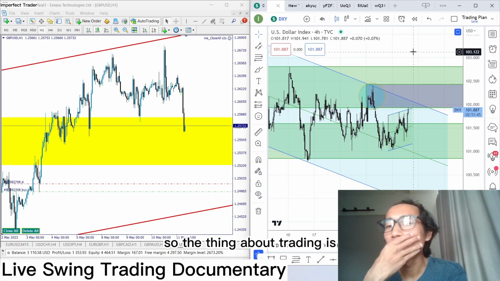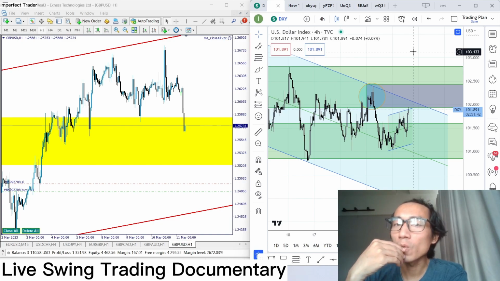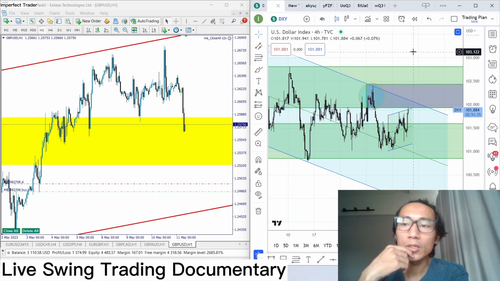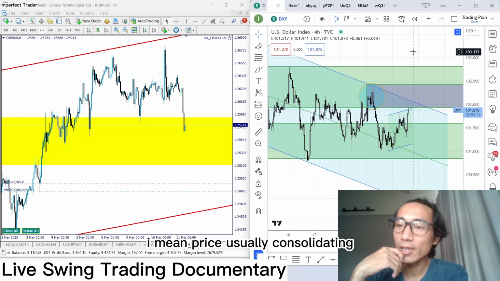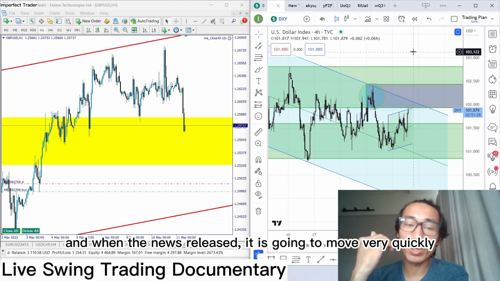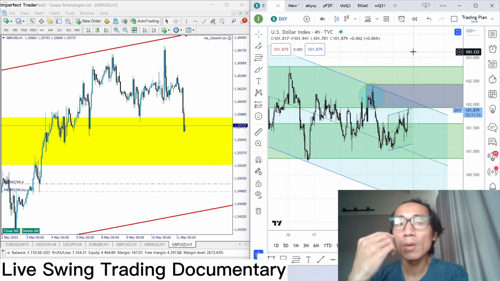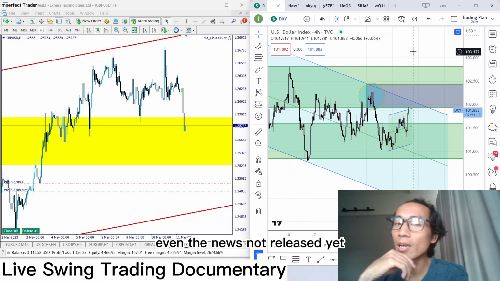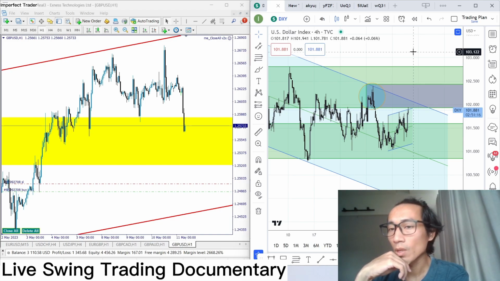So the thing about trading is on big news day, usually price doesn't really move. I mean, price is usually consolidating, and when the news releases, it's gonna move very quickly. But now we got really massive movement in London session, even though the news is not released yet.